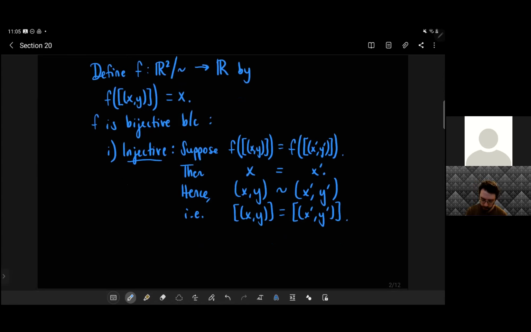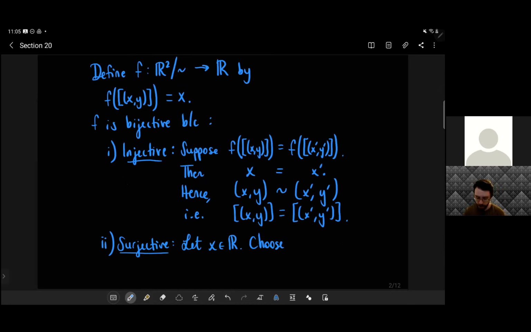All right, so injectivity works, surjectivity works as well. Surjectivity, okay, we're thinking our codomain is the real numbers, so I want to start with some real number, call it x, and I want to choose some equivalence class here that maps onto x.